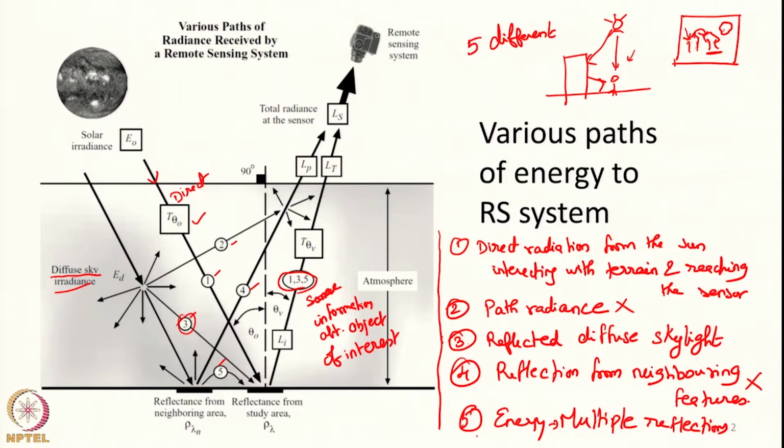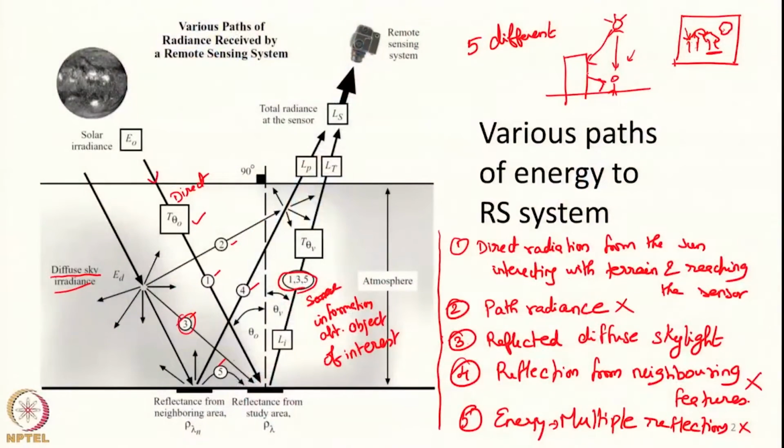And then path 5, which is energy undergoing multiple reflections, is extremely difficult to model, because we do not know how the terrain will interact or how the terrain is oriented, what fraction of light is falling from different features. In addition, that component will be too low.